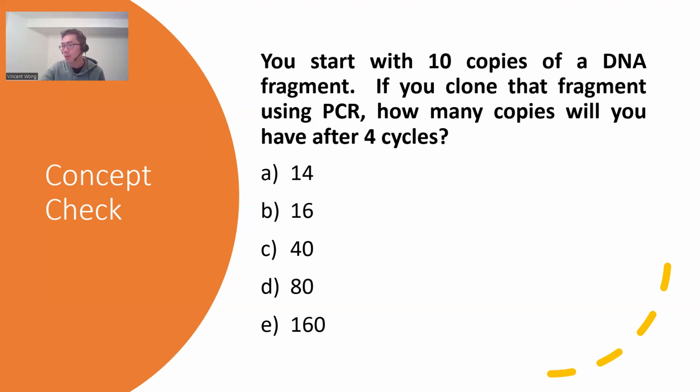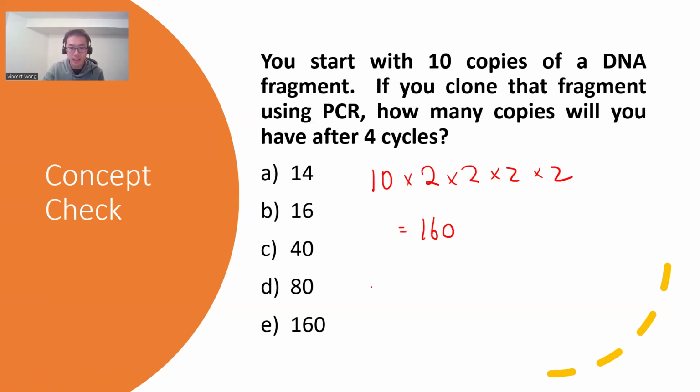So a lot of people chose B, C, and E. Let's see. If you start with 10 copies, after 1 cycle you times 2, 2 cycles, 3 cycles, and 4 cycles. So what is that? That's 160. Yeah, that is all.